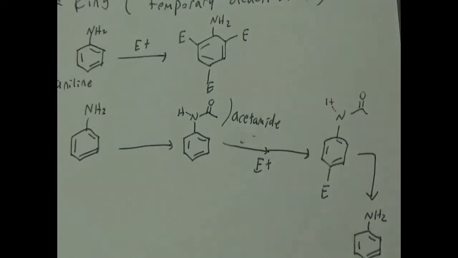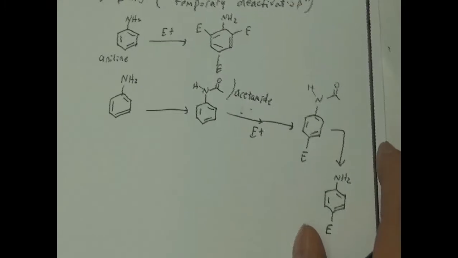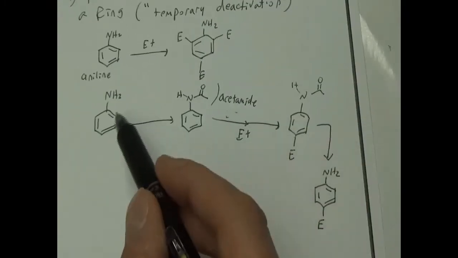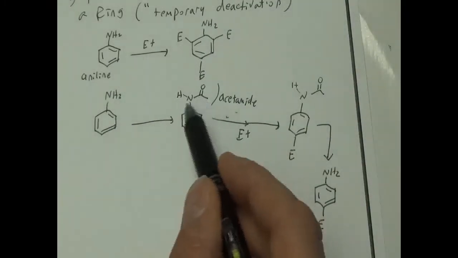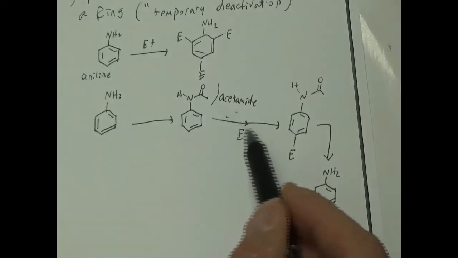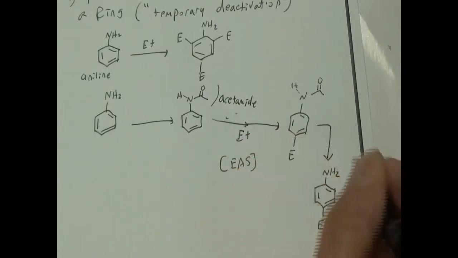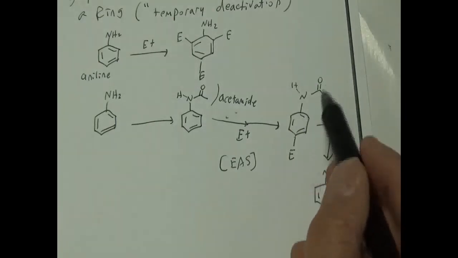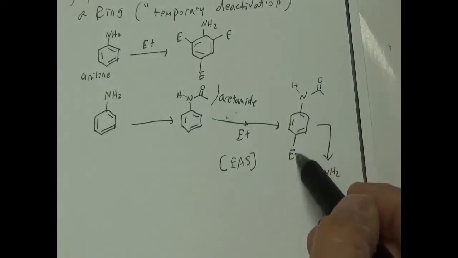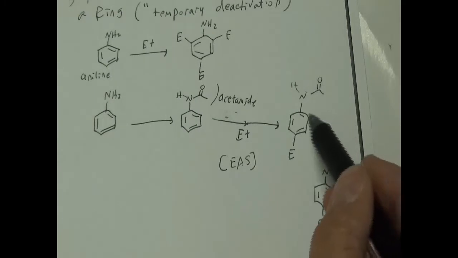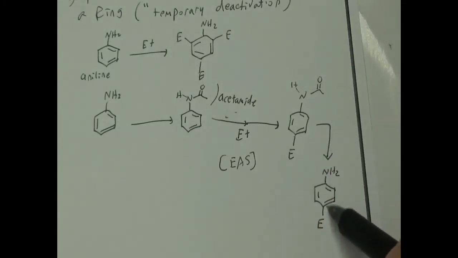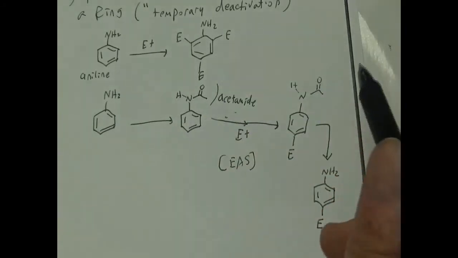Okay, so what we're doing is we're going to protect this with an amide, do our EAS reaction, and then we're going to have this product with a single electrophile attached, and then we can wipe away the amide using another reaction. So I just got to tell you what those reactions are. The mechanisms will be a little later in the course.